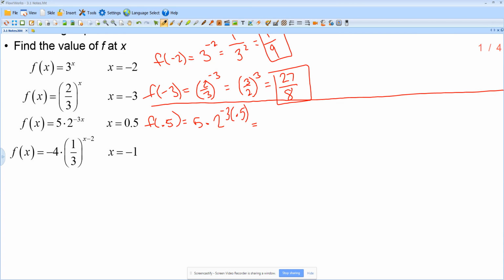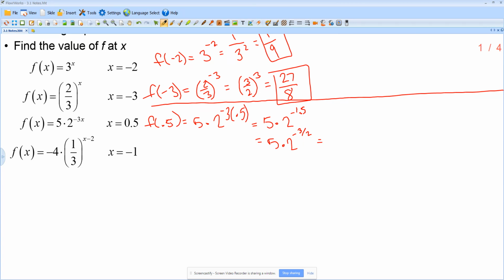So -3 times 0.5 is going to give me 5 times 2 to the -1.5. When I talk about being raised to the -1.5 power, that's the same as having 5 times 2 to the -3/2 power. I just rewrote that as a fraction.